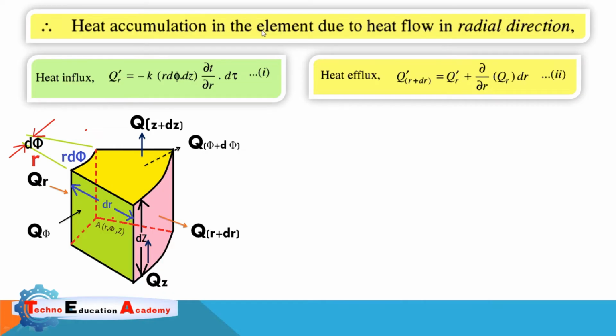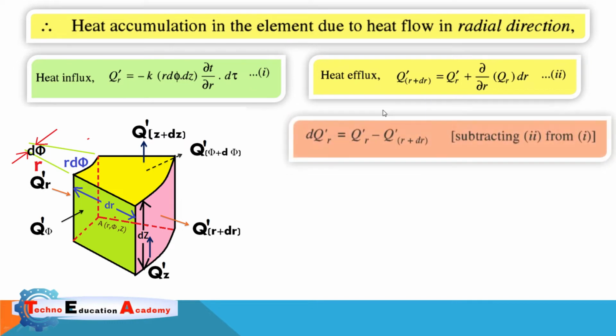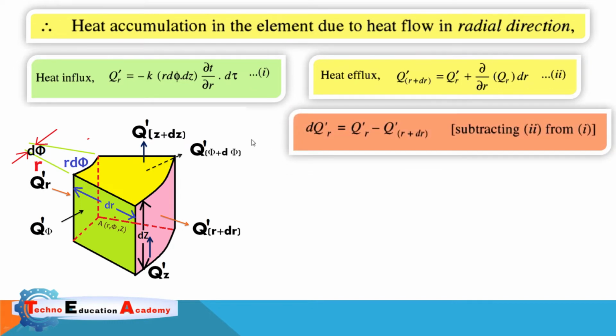Then the heat accumulated in the element due to heat flow in the radial direction. We have already derived these two equations in the previous slide. In the previous example we also considered a small element. The heat input is 200 joule and the exit is 60 joule, and the net heat accumulated is 200 minus 60, which is 140 joule. Similarly, when we derive the universal equation, we subtract equation 2 from equation 1, and then we get the net heat accumulated in the radial direction.